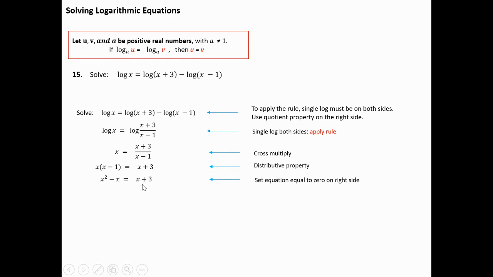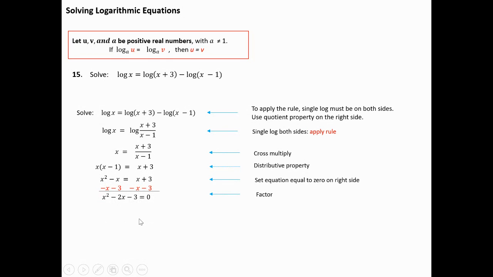We send the terms on the right side to the left by doing the opposite, subtracting x and 3 on both sides. The right side gives us 0, and the left side gives us x squared minus 2x minus 3.